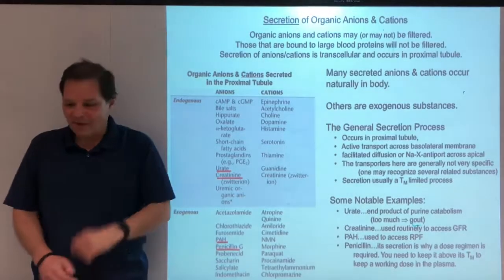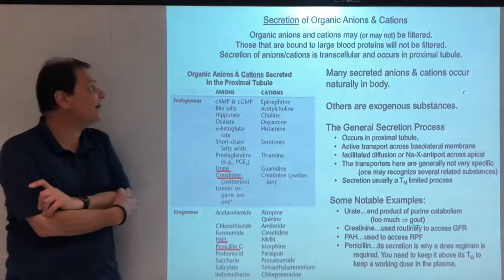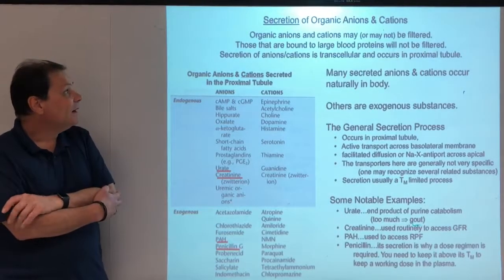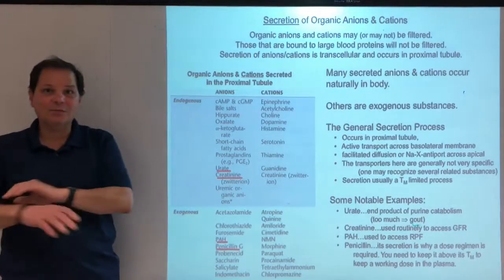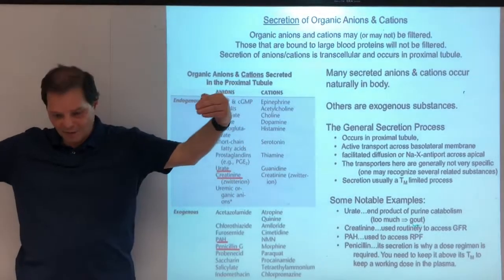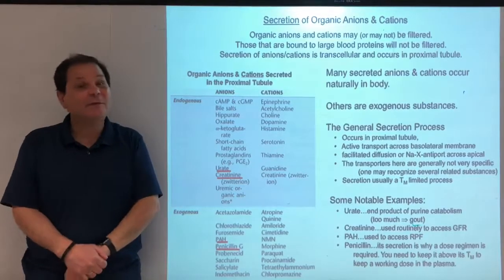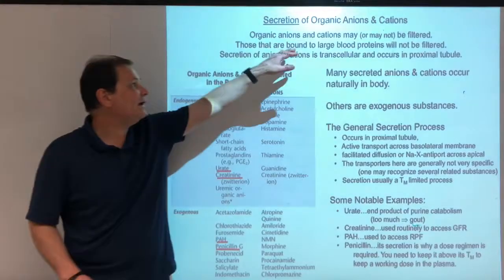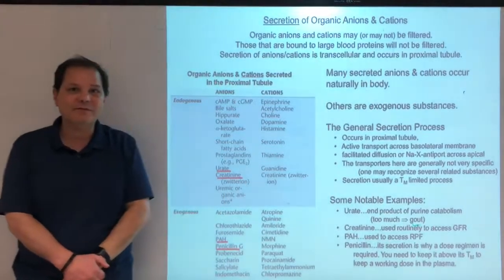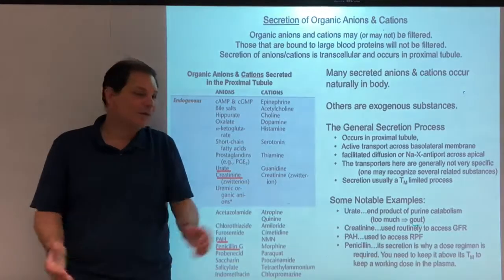So having talked about that, let's talk about secretion of organic anions and cations. And these are often secreted, which means we're not reabsorbing them, we're transporting them into the tubular lumen from the interstitium instead, okay? These may or may not be filtered. They are often, not always, but often bound to albumin and or other proteins.